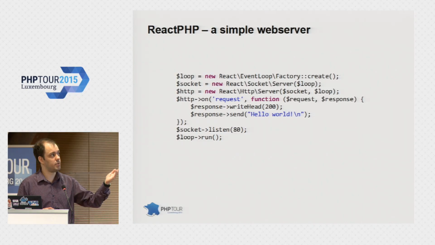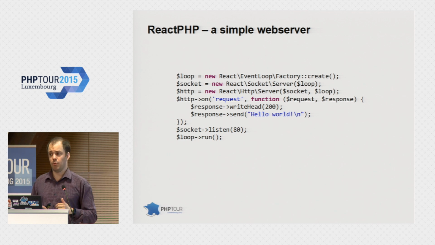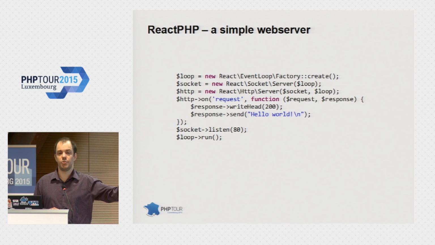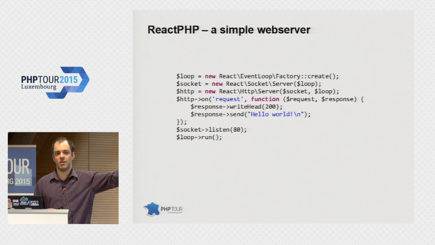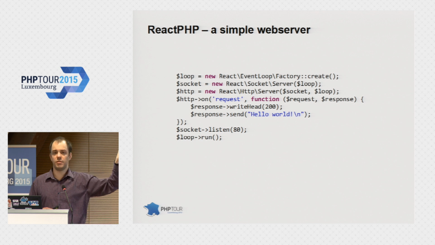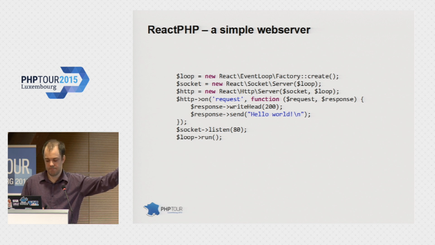We attach it to that loop. And ReactPHP has a lot of built-in functionality. One of them is a web server, an HTTP server. So I create a new HTTP server. I want it to listen on that socket that I created, and I want to attach it to that loop so that any events coming into the HTTP server are handled by the event loop.